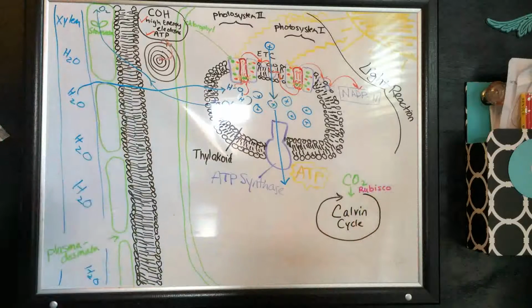Rubisco is the enzyme that can pull inorganic carbon dioxide out of the air and put it into an organic molecule. It is the enzyme that's very, very old, evolutionarily. And it's the enzyme that turned all of the atmosphere that we had in the primitive Earth into a livable, habitable place for us by producing oxygen and organic molecules.